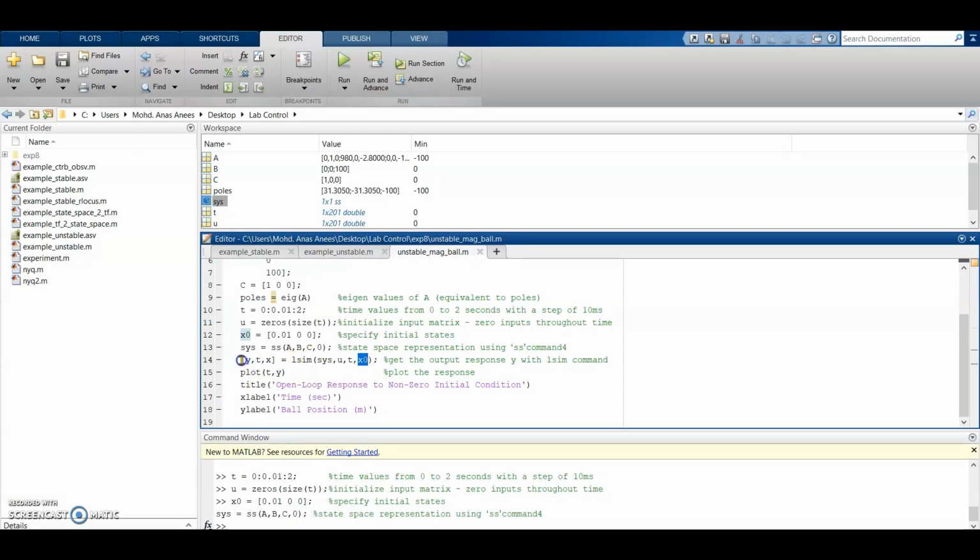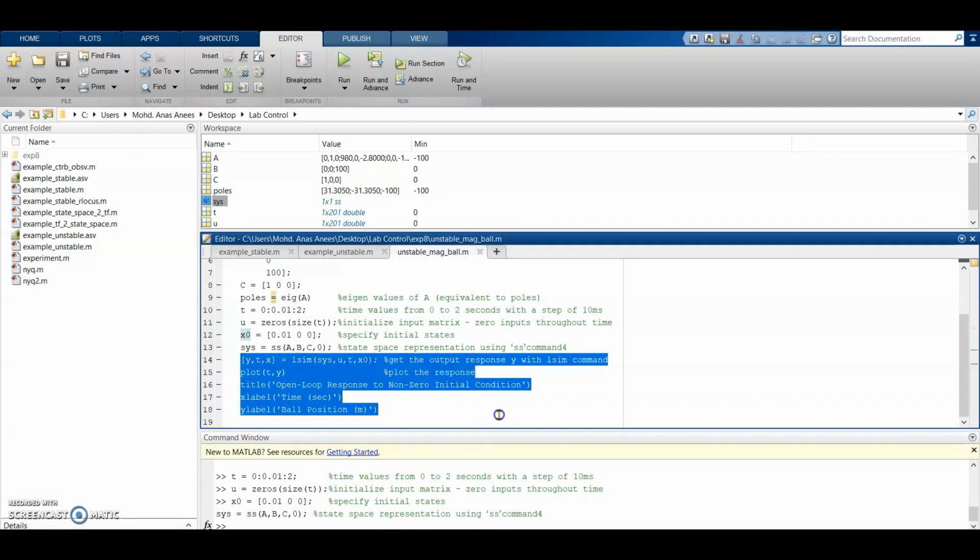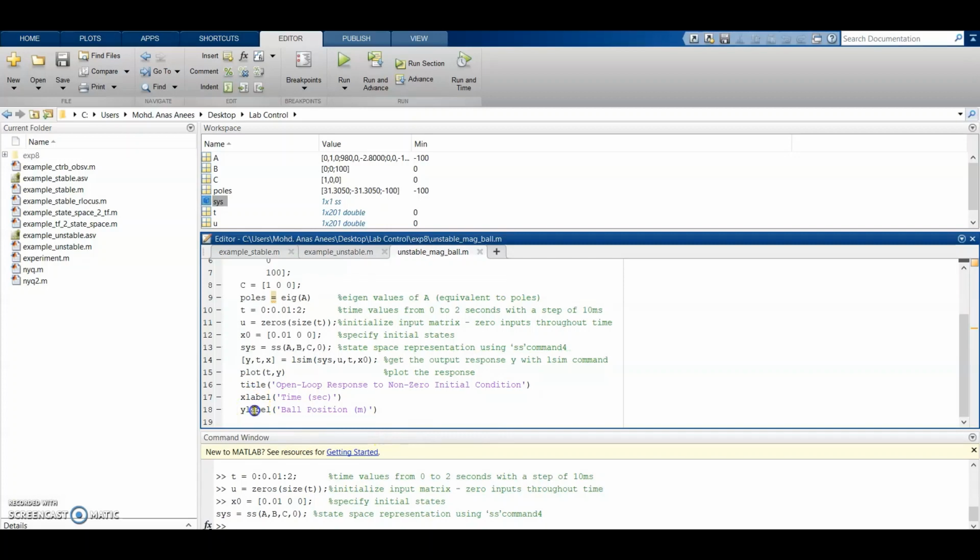So let us run these commands from here to the end. The last three commands are just the labeling of the figure which we will get after plotting. So this command gives the output y and x, and this command plots y with respect to t.